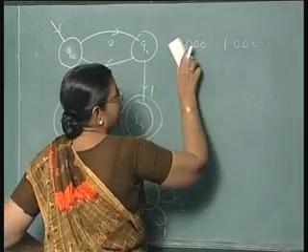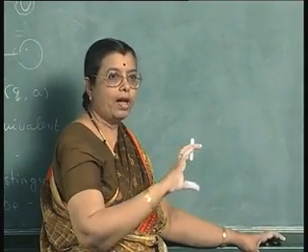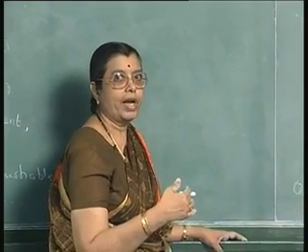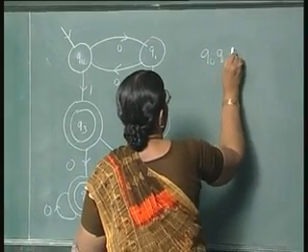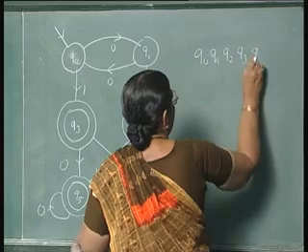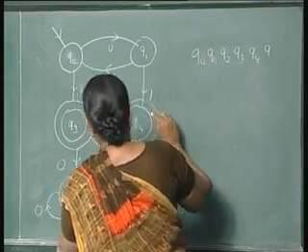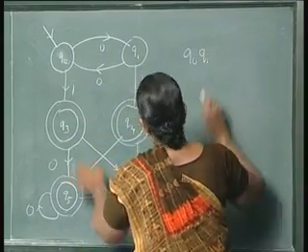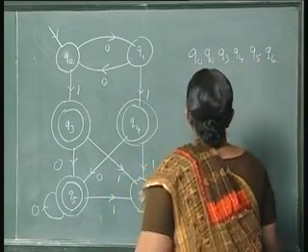Now, this is not the minimum state automaton. How will you find the minimum state automaton? To find the minimum state automaton, you have to take all states, try to partition them further and further until we are able to get no more partition. For example, take all of them in one partition, Q0, Q1, Q3, Q4, Q5, Q6, take all of them.